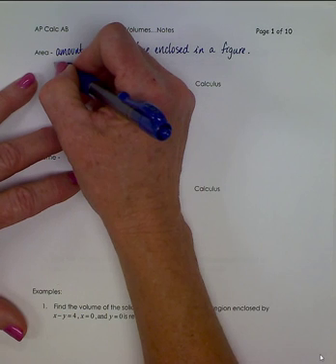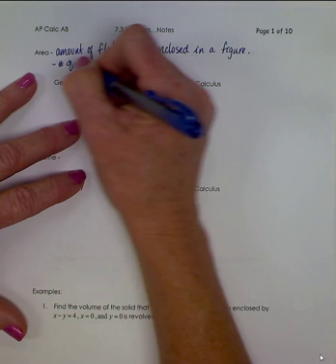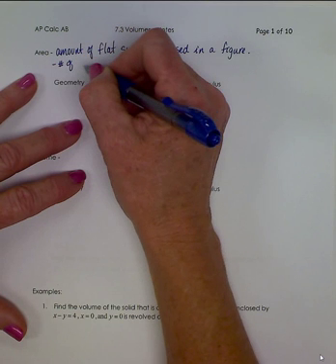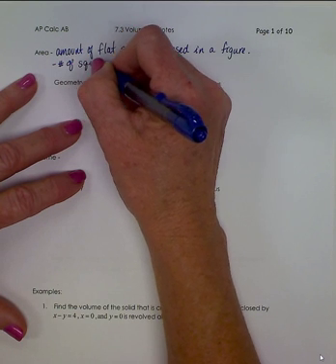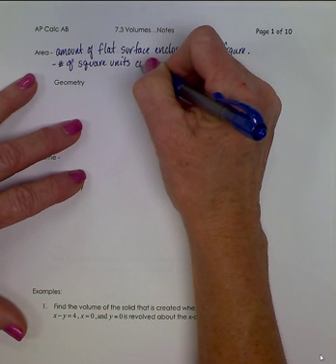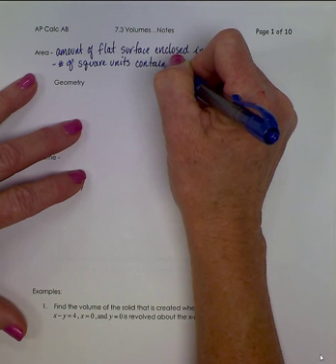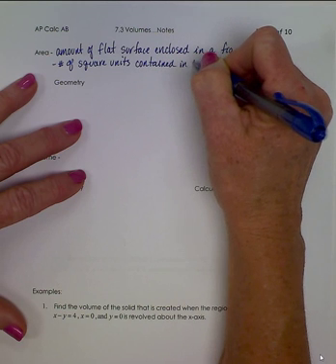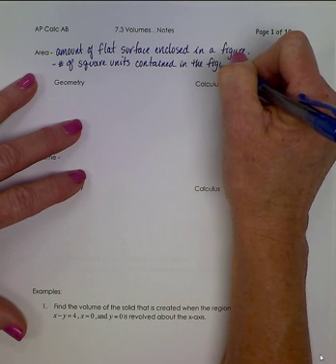It's the number of square units contained in that figure.